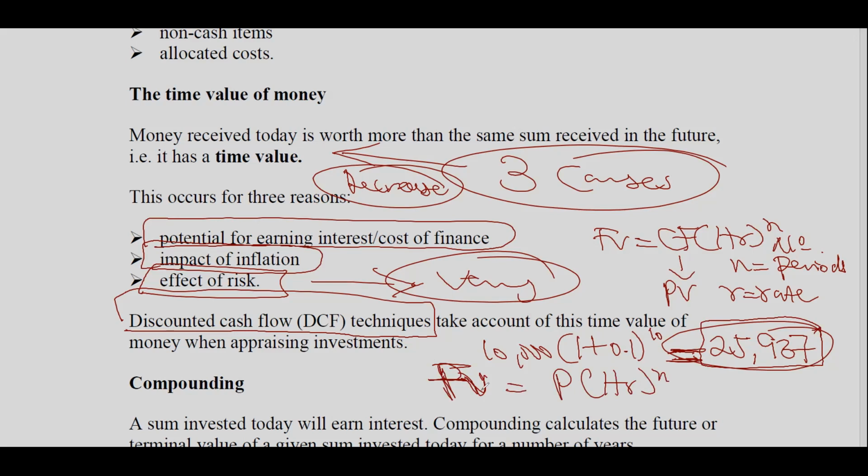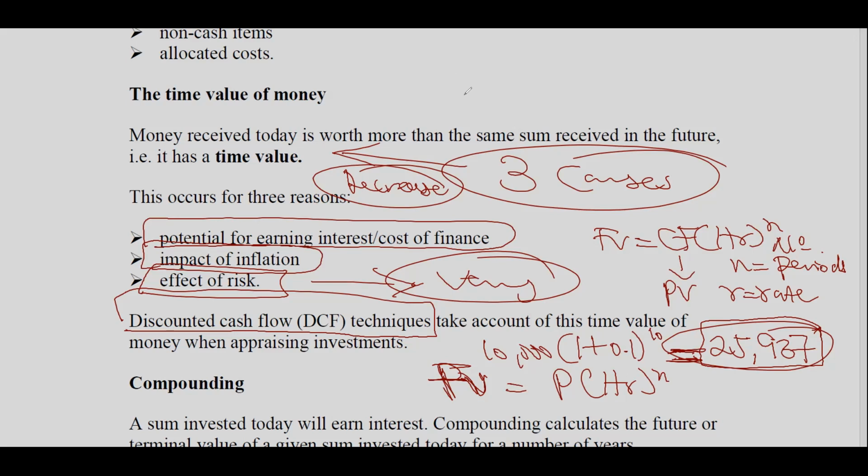If I want to get the present value, I must reverse this process. And how do I reverse it? What amount will the 25,000 become after discounting it back 10 years?